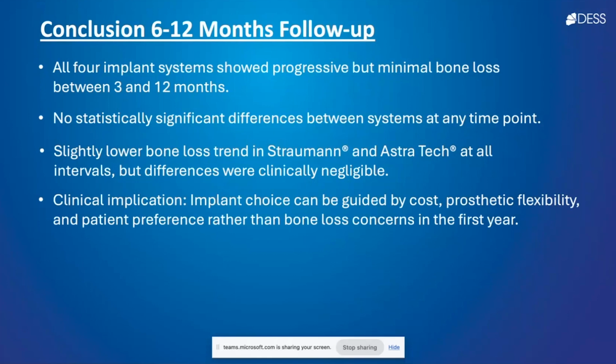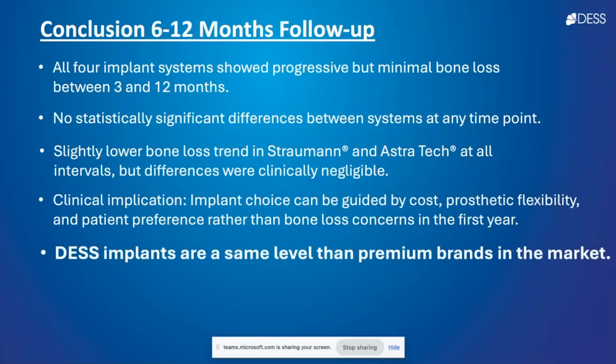That's why we can now think about how to choose our implant, not only regarding the 4 types of implant, but also the other items that I mentioned before, the cost and the warranty. That's why I can say proudly that this dental implant is at the same level as the other premium brands in the market.